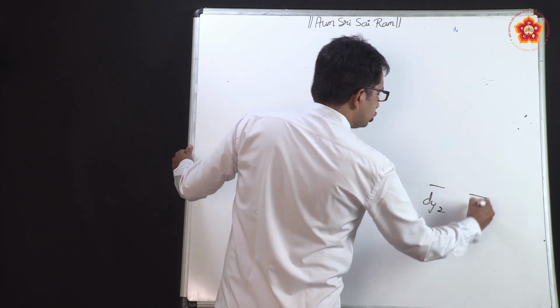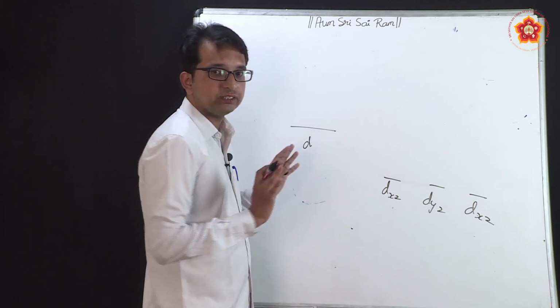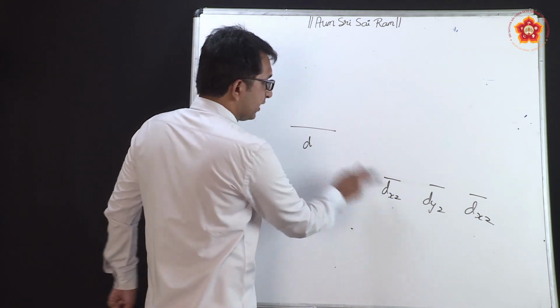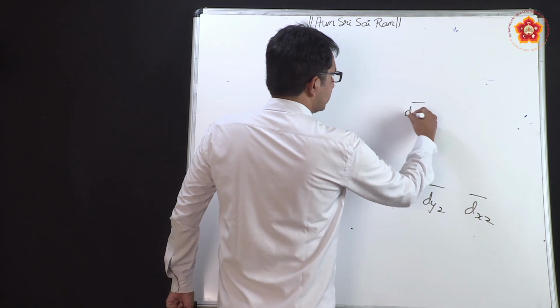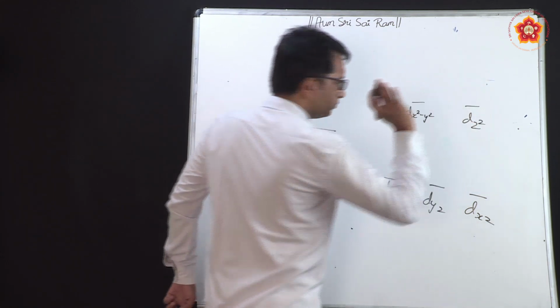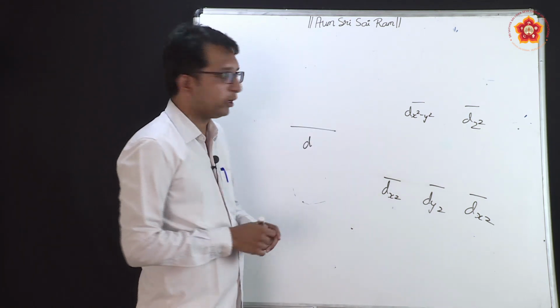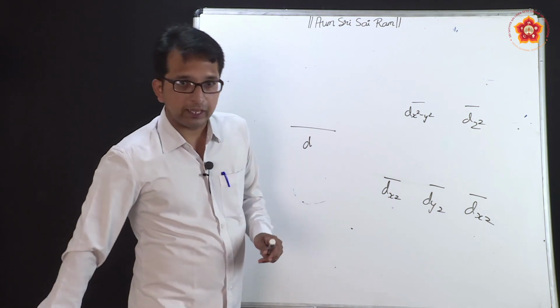So let me show certain splittings that have happened. All the d orbitals were present as they are. After the ligand came and attacked, this is what happened. dx square minus y square went above, dz square also went above. Why they have gone up and why they have gone down has already been discussed. Now the question is, how will you fill the electrons?